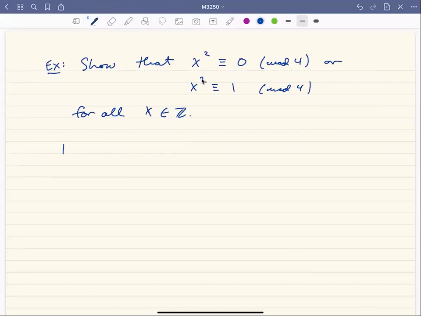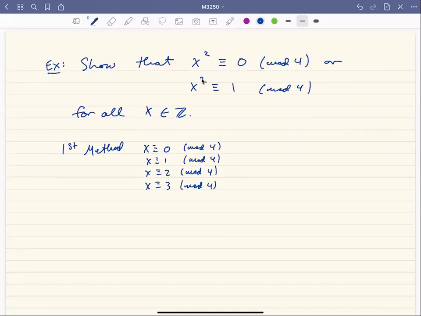The first method is we're just going to take x congruent to 0, 1, 2, or 3 mod 4, square each of these, and then think about what's going to happen to the square mod 4.